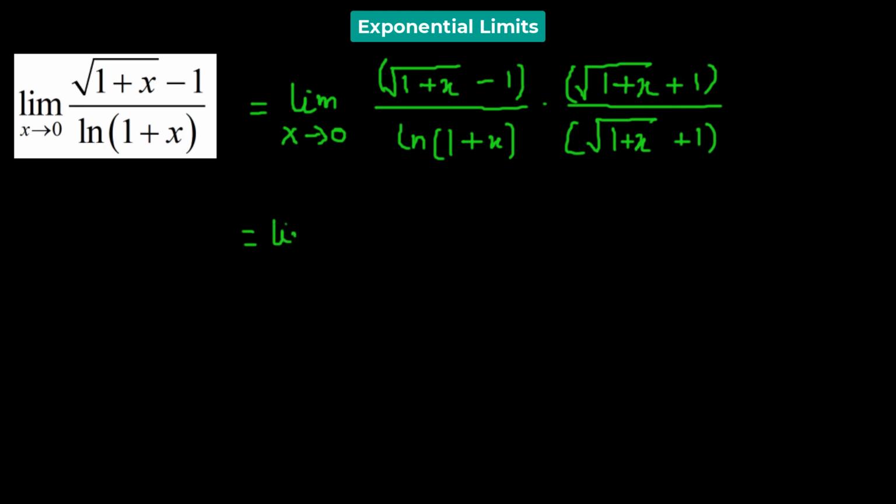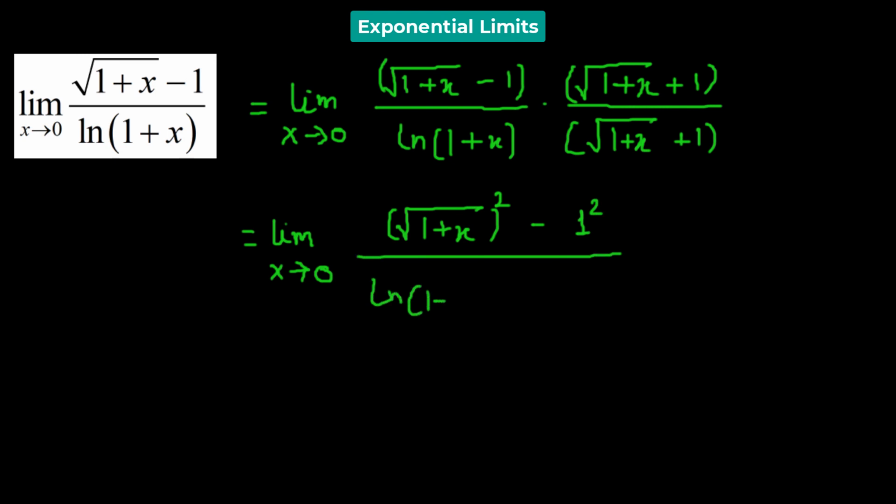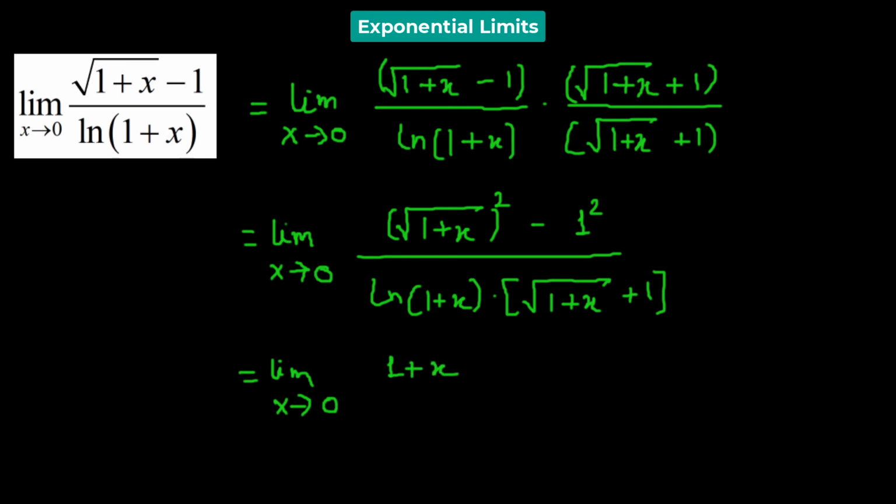So that is going to give us limit x approaching 0, square root of 1 plus x whole squared minus 1 squared, whole divided by natural log of 1 plus x multiplied by square root of 1 plus x plus 1, which will be equal to limit x approaching 0, 1 plus x minus 1 in the numerator, and in the denominator we have natural log of 1 plus x multiplied by square root of 1 plus x plus 1.